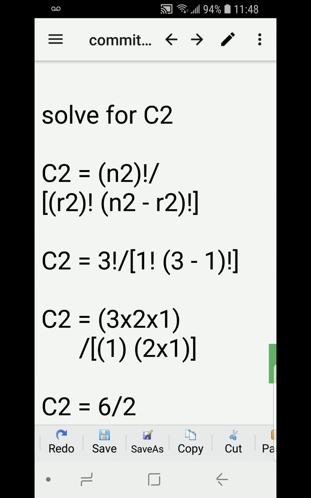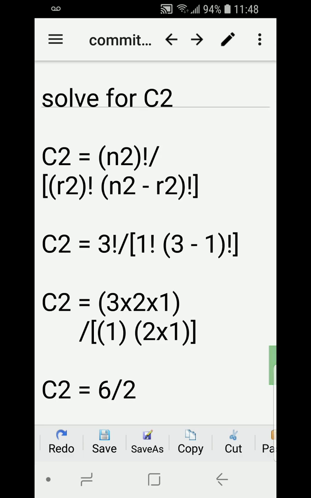And now we solve for C2. It is essentially the same process, but this time we're only dealing with mechanical engineers. So for C2, we substitute N2 and R2 into the equation, and we get C2 equals 3 factorial divided by 1 factorial times 3 minus 1 factorial.